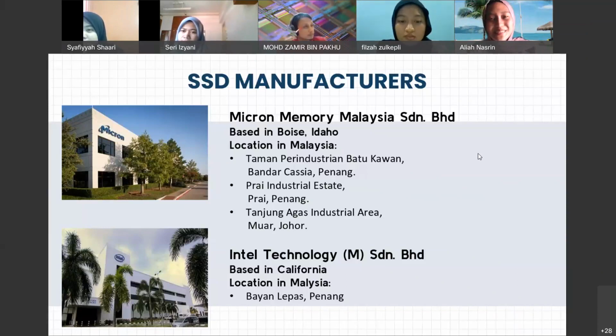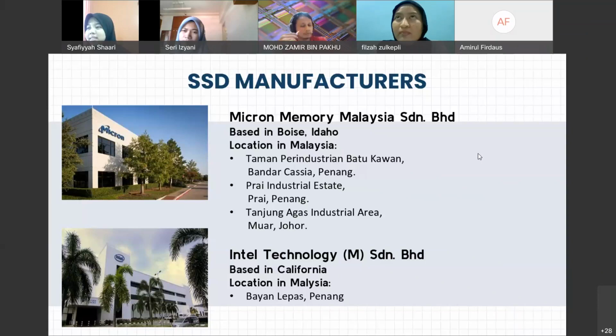In the company, what research and development is done by these two companies in SSD development? Any R&D activities going on in Micron or Intel for future SSDs? One that I know is Intel.